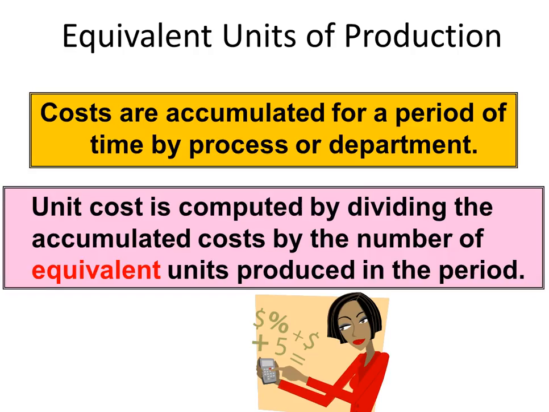Okay, equivalent units of production. Costs are accumulated for a period of time by a process or the department that is doing this processing. And then the unit cost is computed by dividing the accumulated cost by the number of equivalent units produced. You notice it doesn't say completed units, it says equivalent units.